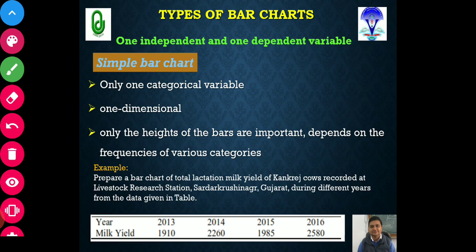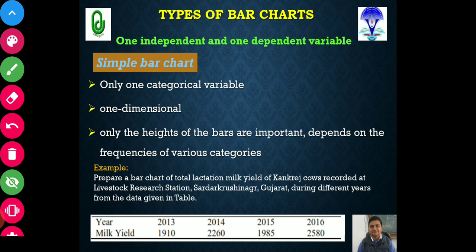Then what are the different types of bar charts? There are so many types of bar chart. First we will see data with one independent and one dependent variable. Suppose you have one dependent and one independent variable. What the dependent and independent variables are, we will see in the coming classes.